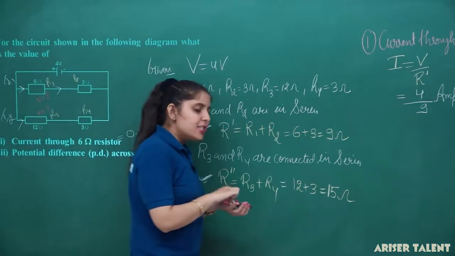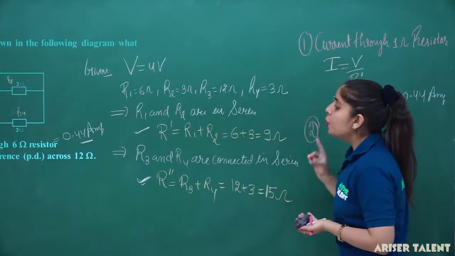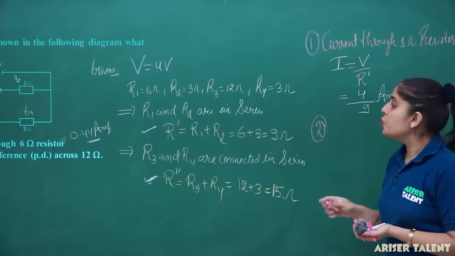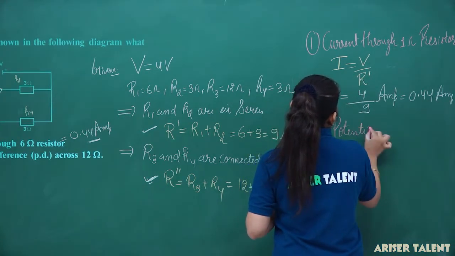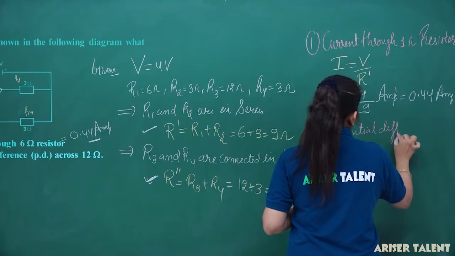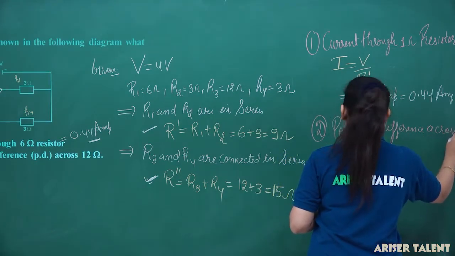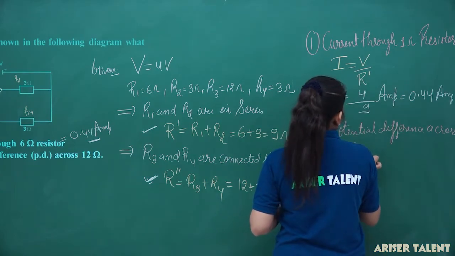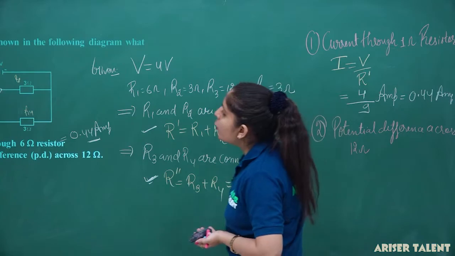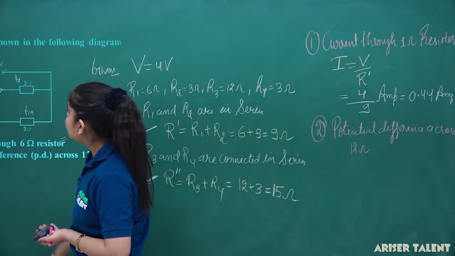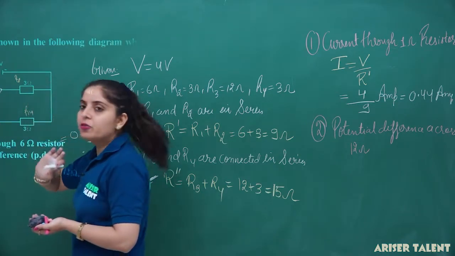Now let's move to the next part. In the next part you have to calculate the potential difference across 12 ohm. So the potential drop across 12 ohm may be calculated as V equal to I2 into R3.